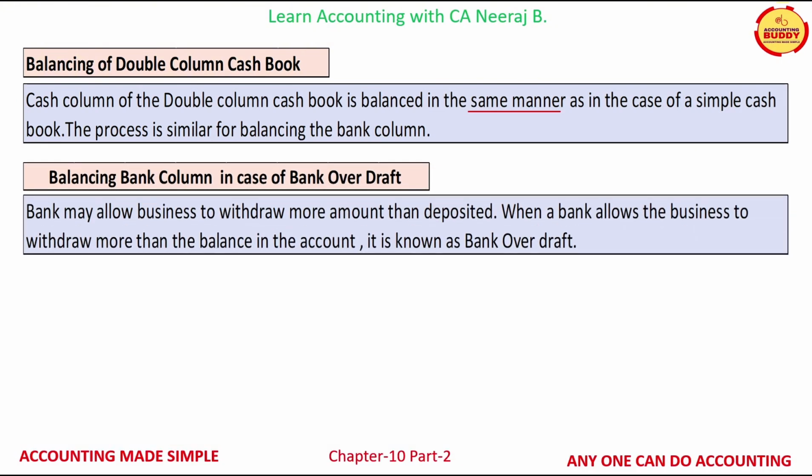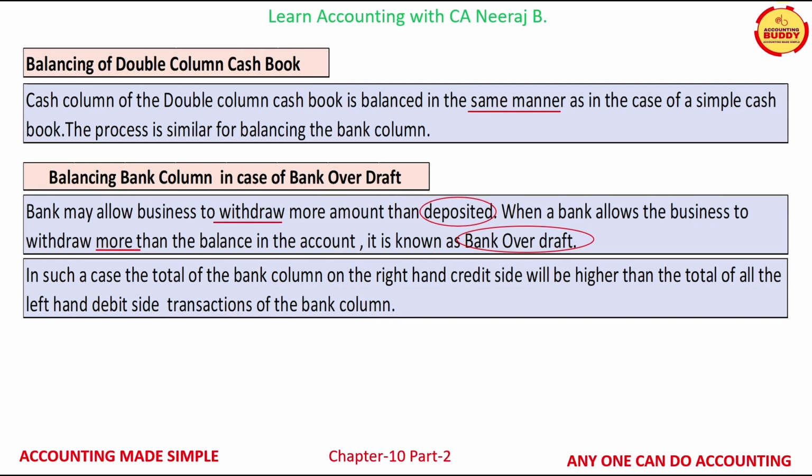Bank may allow business to withdraw amount more than deposited. When a bank allows the business to withdraw more than the balance in the account, it is known as bank overdraft. In such a case, the total of the bank column on the right hand credit side will be higher than the total of all the left hand debit side transactions of the bank column.